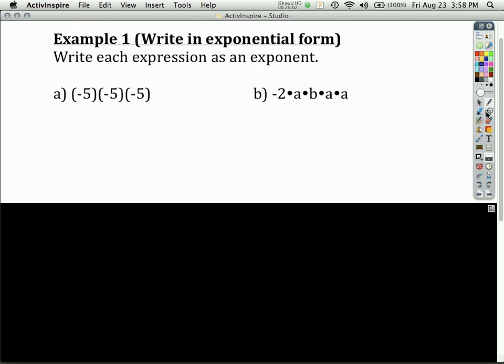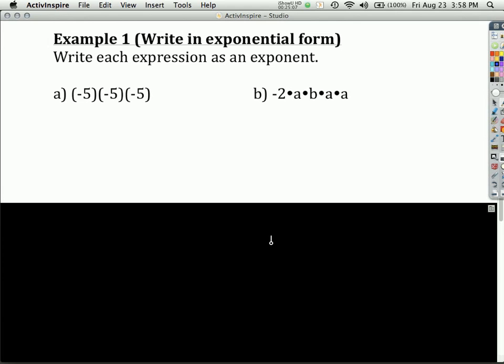So, we are asked to write each expression as an exponent, or a power. And so we have -5 times -5 times -5. Once you see a situation where you have the same thing being multiplied over and over again, that means it's a situation for an exponent. This becomes the base. It's called the common factor.